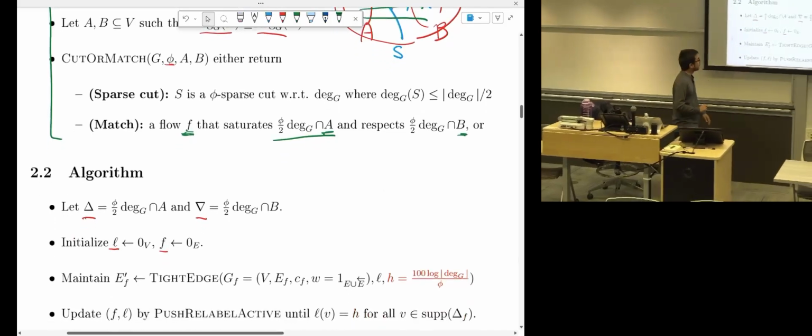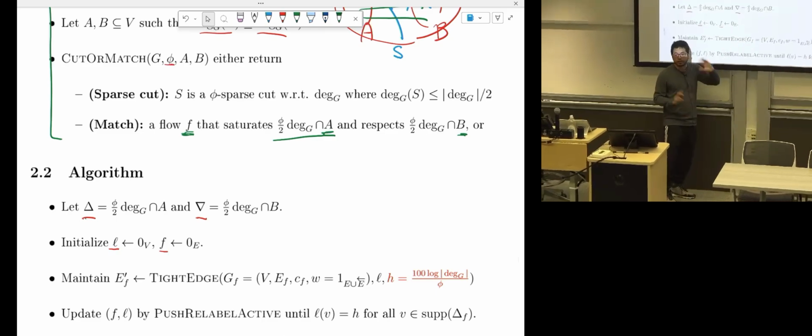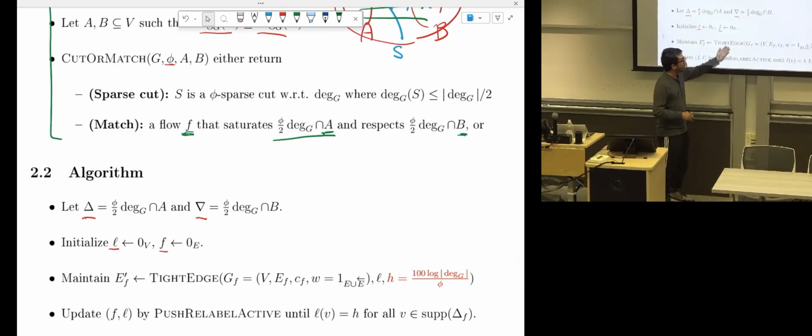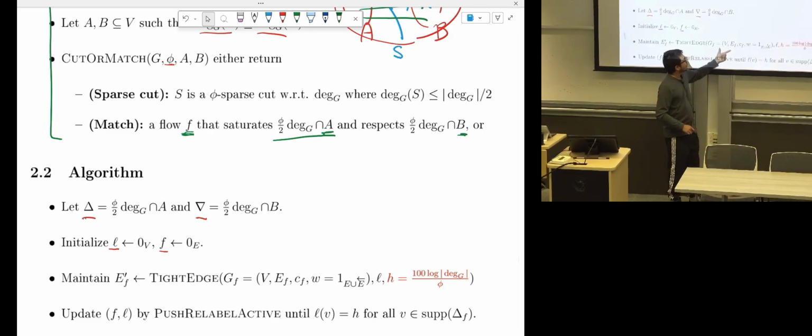Now we maintain the H data structure like in push-relabel. On what graph? We do it on the residual graph, with the capacity of the residual graph. And we set the weight function to be the normal one, so every edge has length 1.